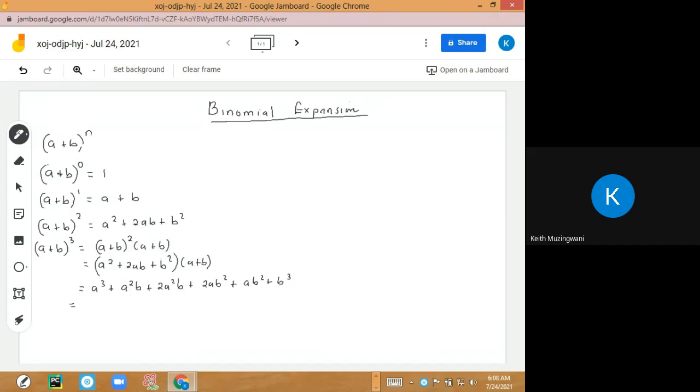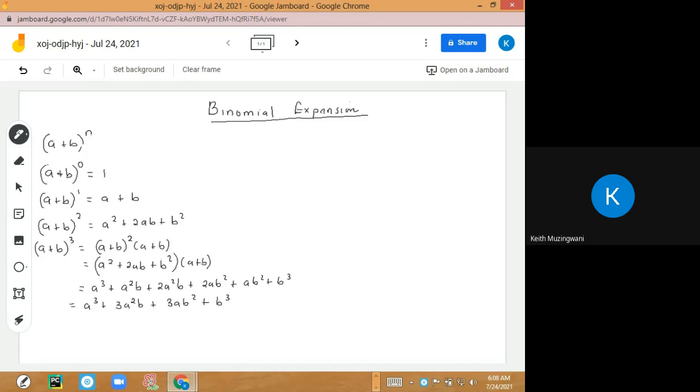Then we add the like terms if there are any. We have A squared B plus 2A squared B, so we get 3A squared B. We also have 2AB squared plus AB squared. We'll get 3AB squared, and then have B power 3.